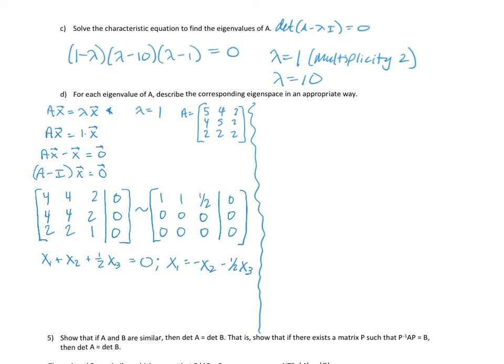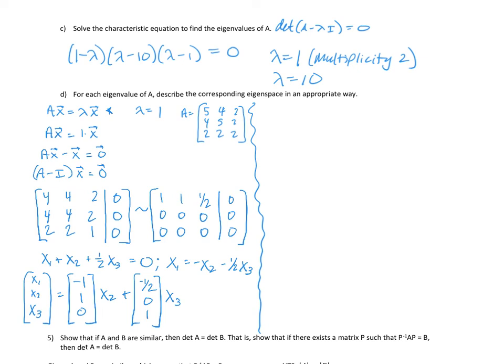Put it in parametric vector form. This is the solution set in parametric vector form. I need a vector for each free variable, and then fill in. So x1 is negative 1 x2 minus 1 half x3. x2 is free, and x3 is free.